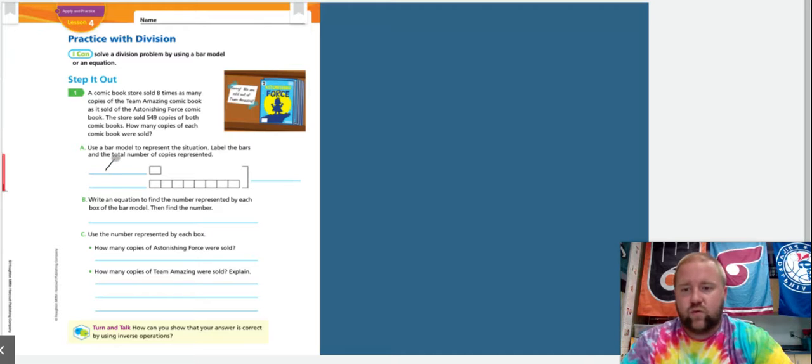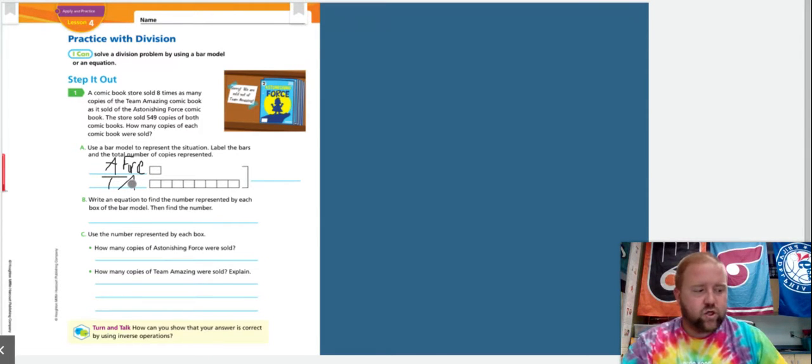So this first one, this solo, is going to be the Astonishing Force. I'm going to put AF here for Astonishing Force, which means this one would be the Team Amazing. So I'll put TA for Team Amazing, right?